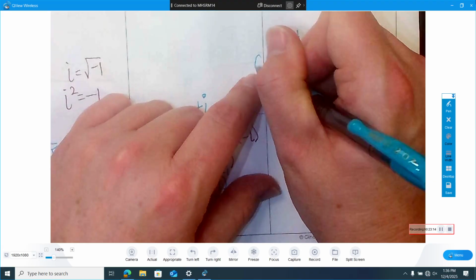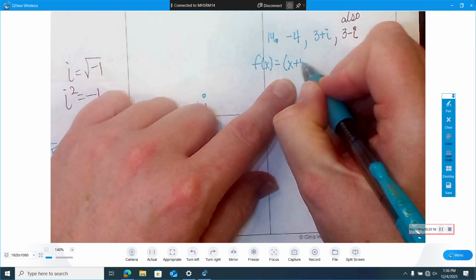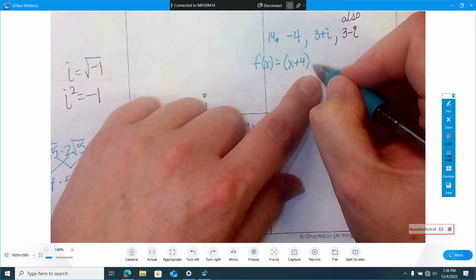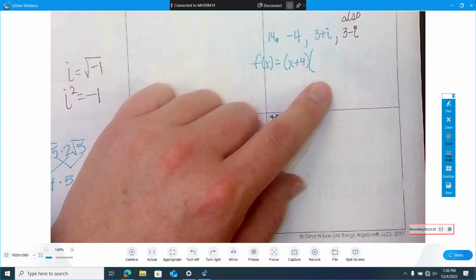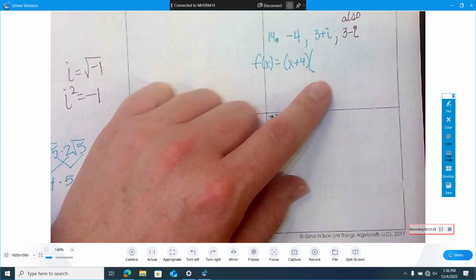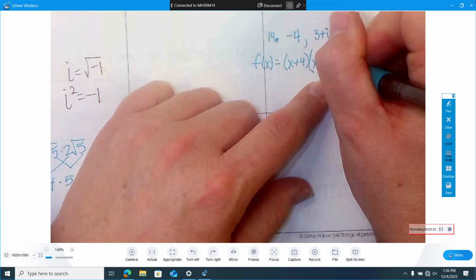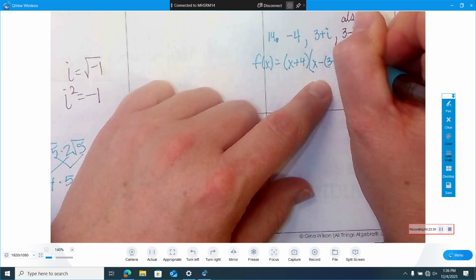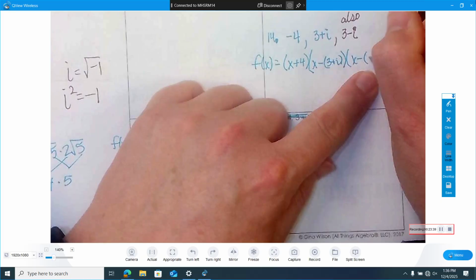All right, so if I want to write my polynomial bubbles here, I have my x plus 4, and then x minus the 3 plus i, and x minus parentheses the 3 minus i.